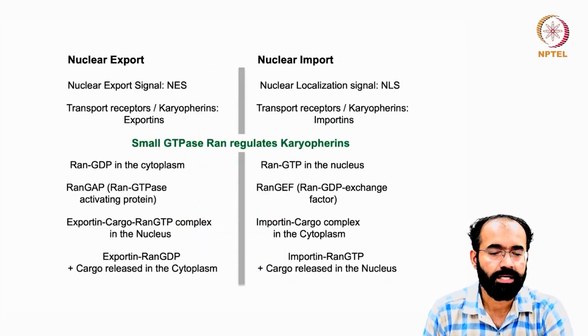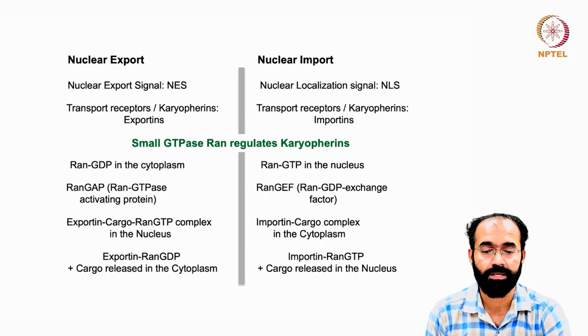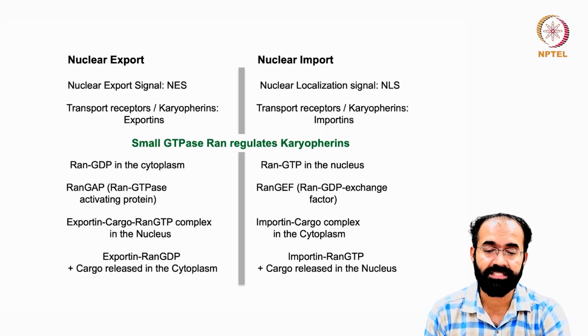So let us see nuclear export and nuclear import. How does it work? For nuclear export, the molecule should have a nuclear export signal, and nuclear import means bringing back. Export means moving from the nucleus to the cytoplasm. Nuclear import means bringing the cytoplasmic RNA back into the nucleus, that is import.